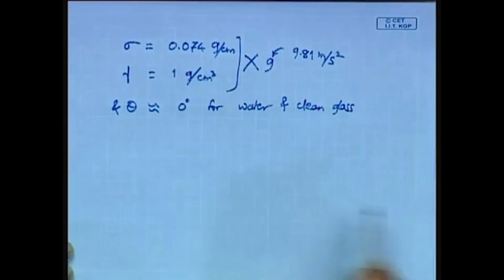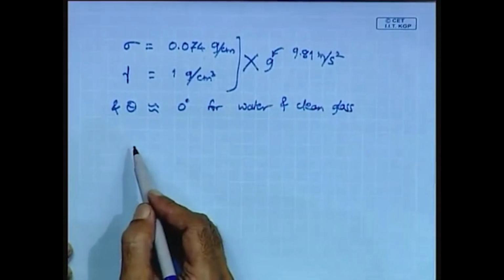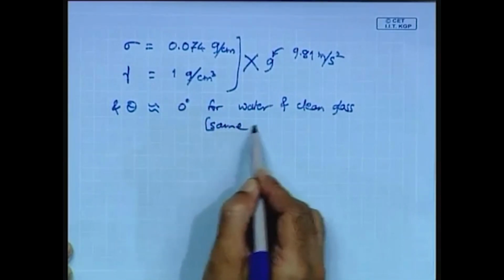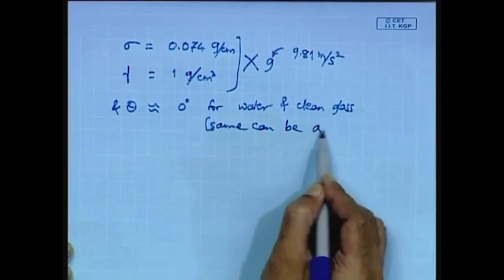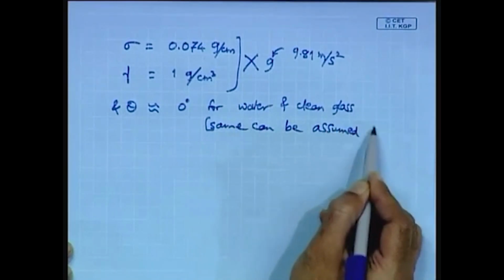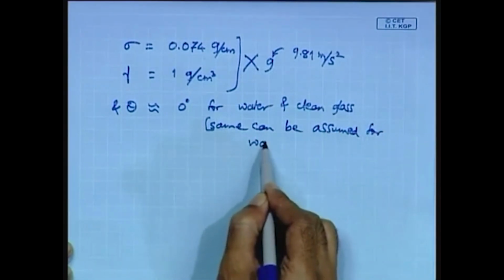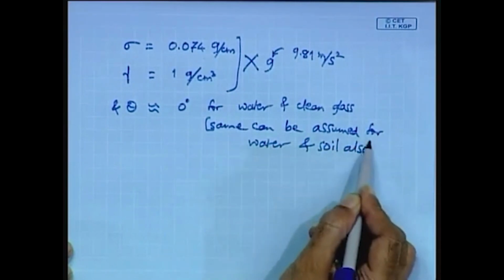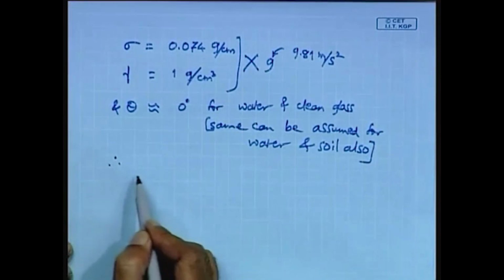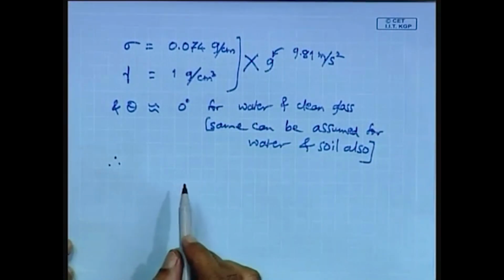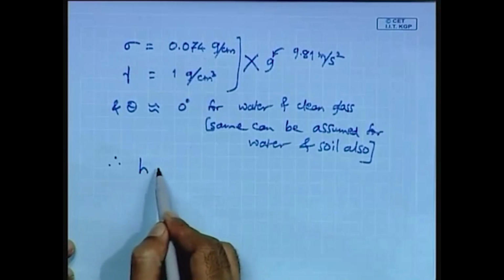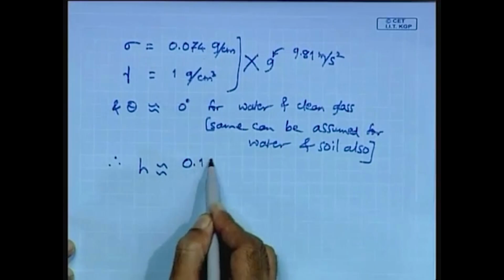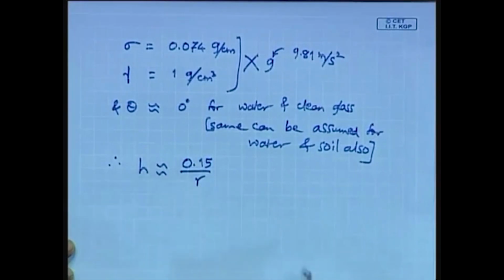The same can be assumed for water and soil also. Therefore, the expression for the capillary rise H reduces to say 0.15 divided by R.